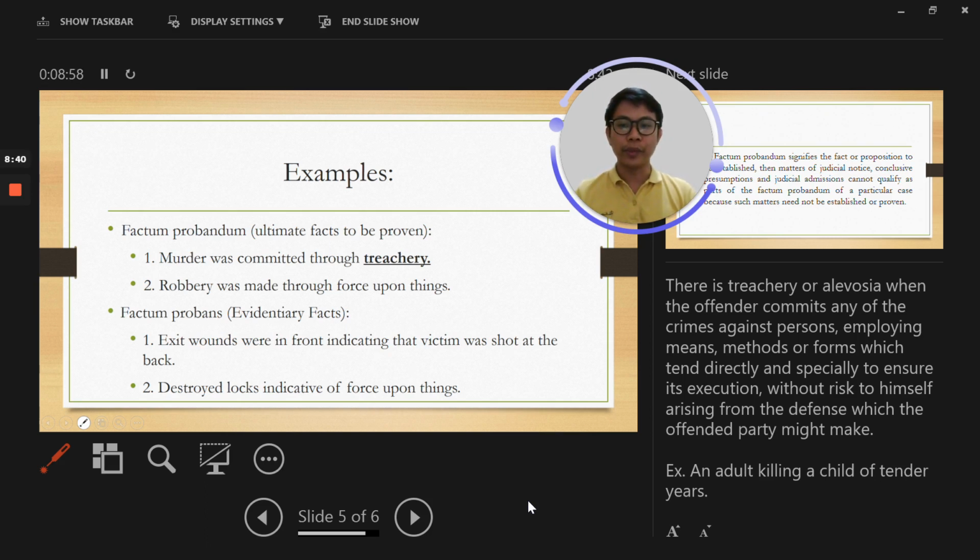Now, in order for us to give a definite factum probans for this particular factum probandum, we have to define what treachery is. As per the legal definition, there is treachery or alevosía when the offender commits any of the crimes against persons, employing means, methods, or forms to ensure its execution without risk to himself arising from the defense which the offended party might make.